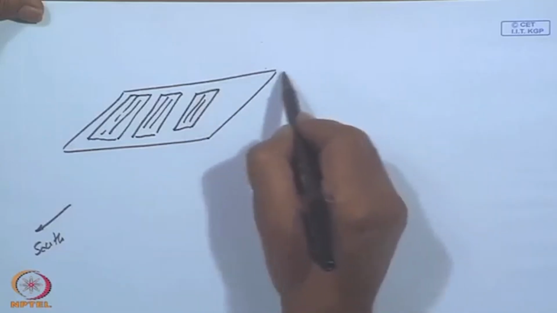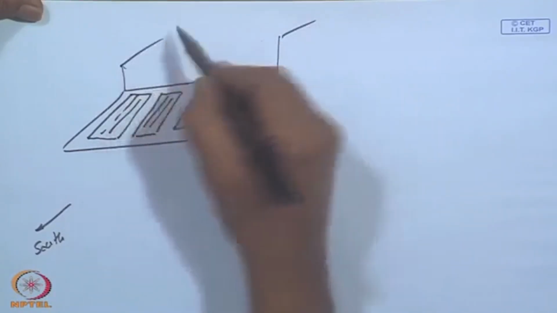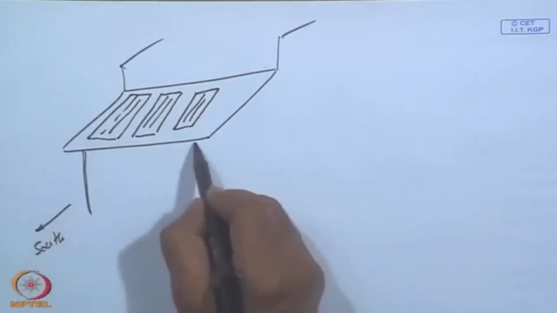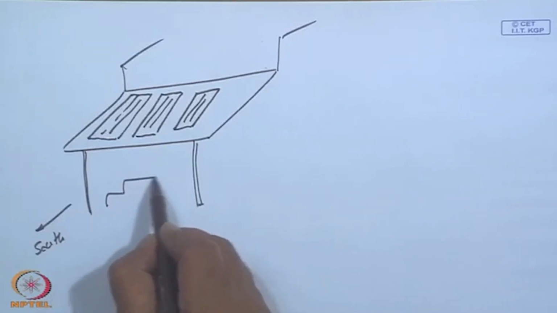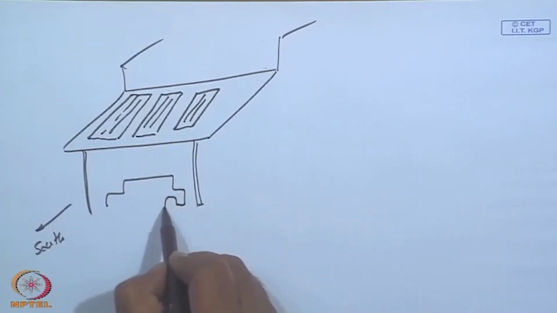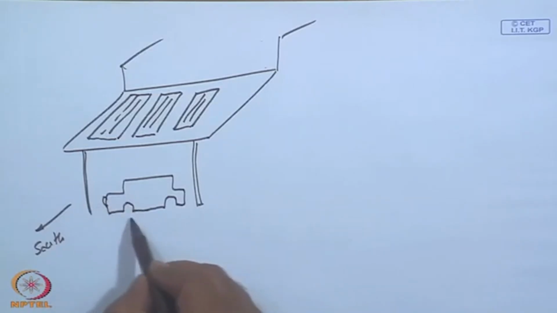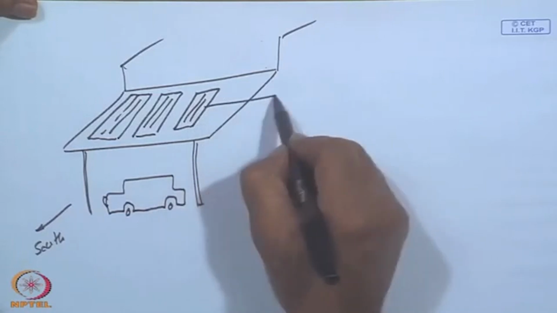This could be a big building like this, and you may have some pillars, just to give you an idea, and there will be a car over here. These are the solar panels.